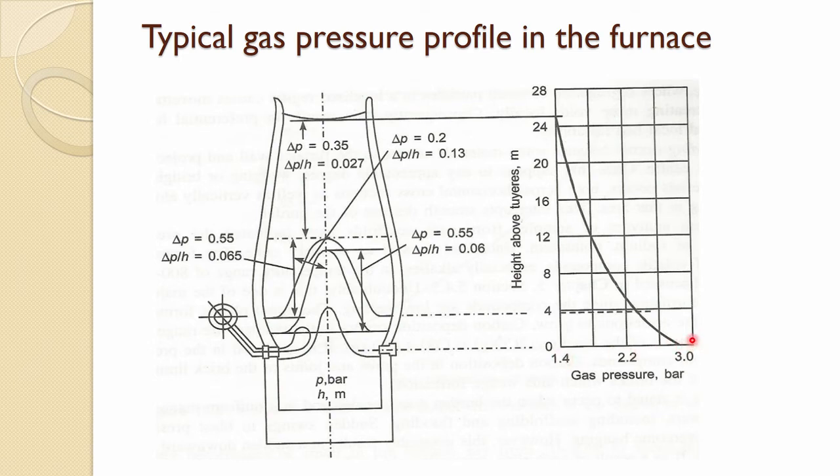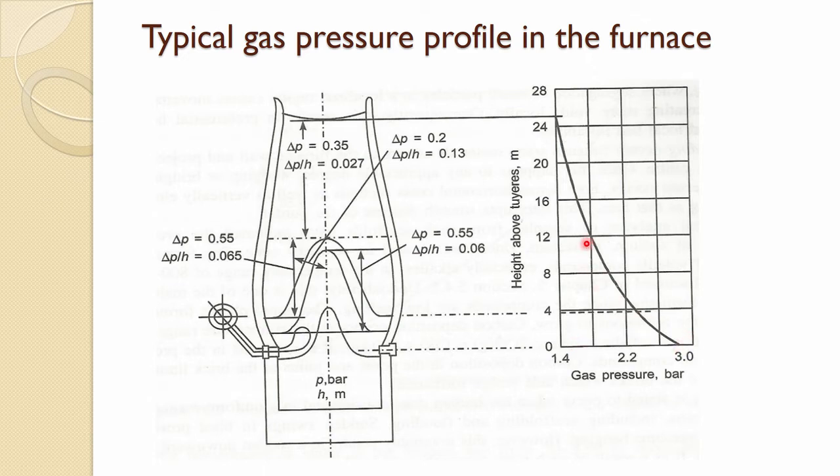If you look at the normal gas pressure from the injection point, this is at a fuel level of about 2.5 or close to 3, and you can see that within almost the first 12 meters the pressure drops almost 50%, and over the remaining 14-15 meters it drops just about 0.2 bar, hardly 10%.